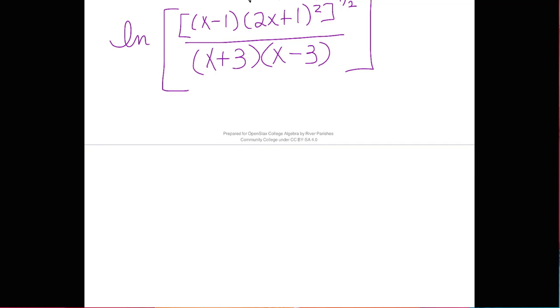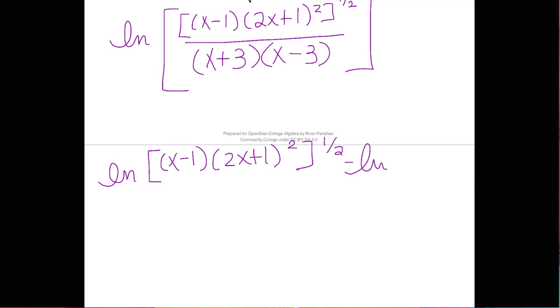So I have the natural log of (x minus 1) times (2x plus 1) squared, to the 1/2. Oops, look at this, I'm going to run out of space. Minus the natural log of (x plus 3)(x minus 3). Whew, just enough space there.